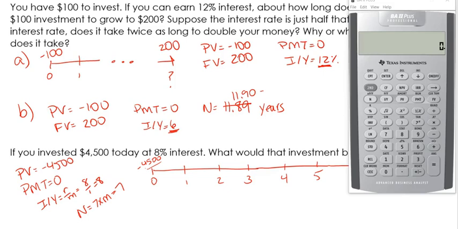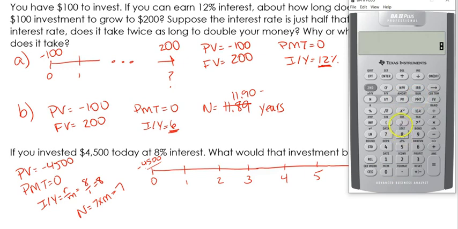So the first step here is to clear our time value of money. Our present value is a negative 4,500 because we took money out of our pocket and committed it to an investment vehicle for 7 years. So that's our present value. Our payment is 0 because we're adding nothing to this initial deposit.